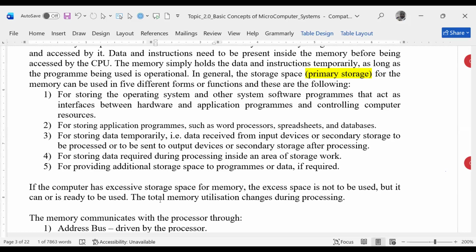The next one, provide storage for data. The moment you type something from the keyboard, doesn't mean that it's stored permanently on the hard disk. No. The memory provides temporary storage for anything input by the user.